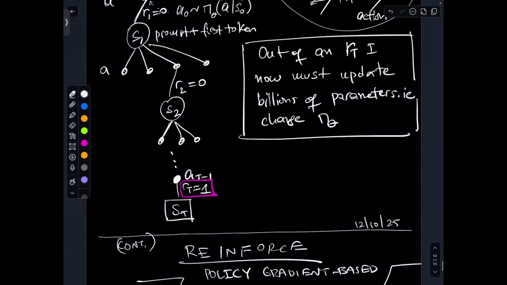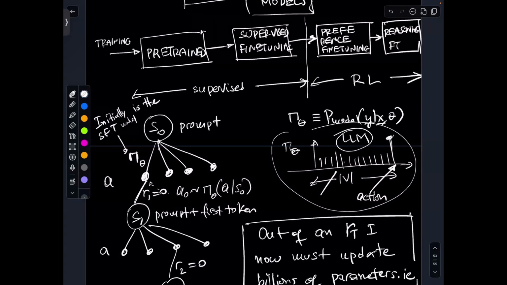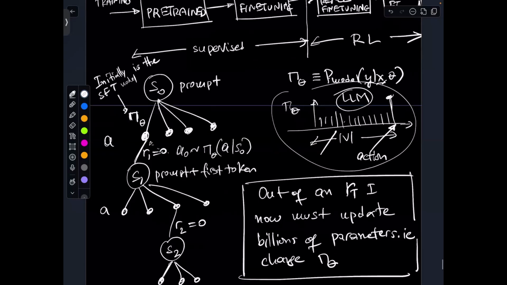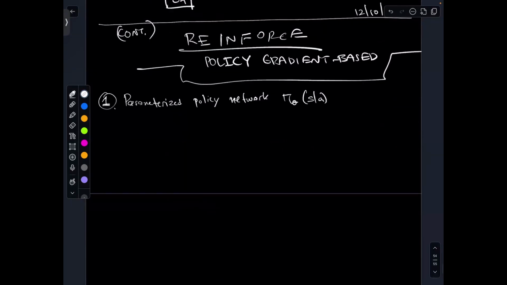I have a posterior probability distribution, and I sample a token out of it. But the moment I have the token in my hands, the S prime is deterministic. I will just attach it at the end of the previous state. I hope this is recognized, so we have some things working for us.